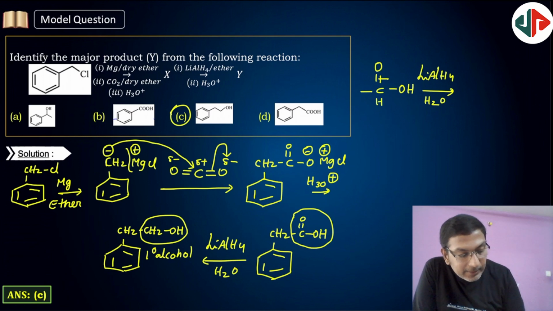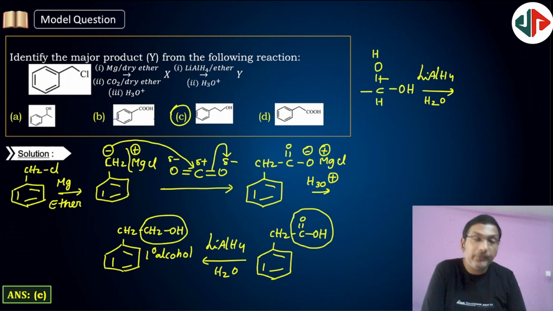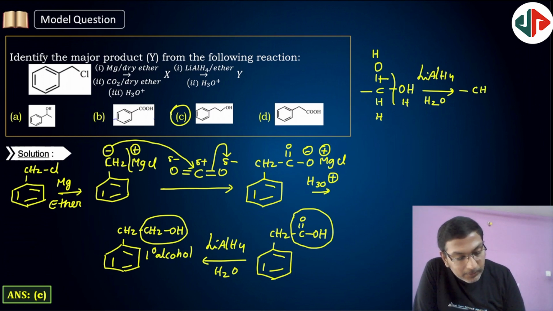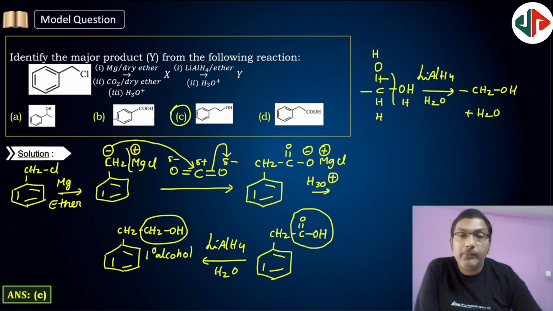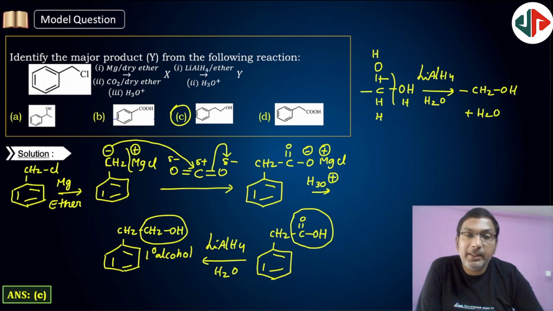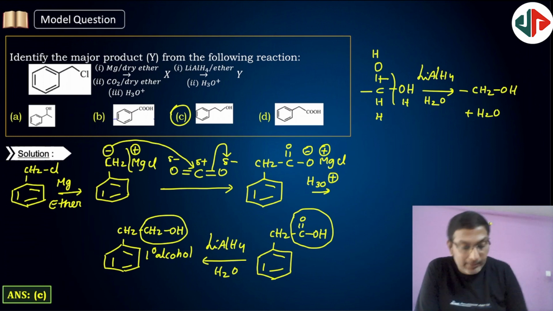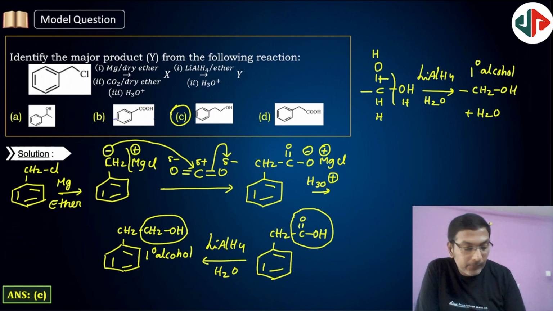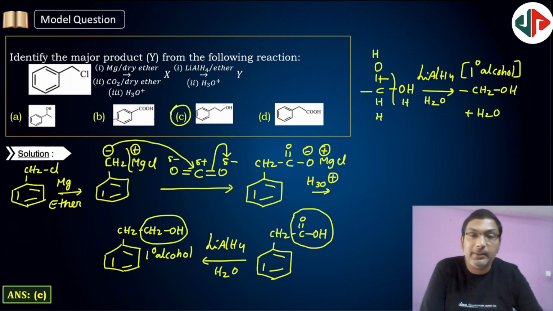Here add one H and here one H. Next again here one H and here one H. So it will be converted to CH2OH with release of water. So carboxylic acid will be converted to primary alcohol. So very important conversion. So option C.